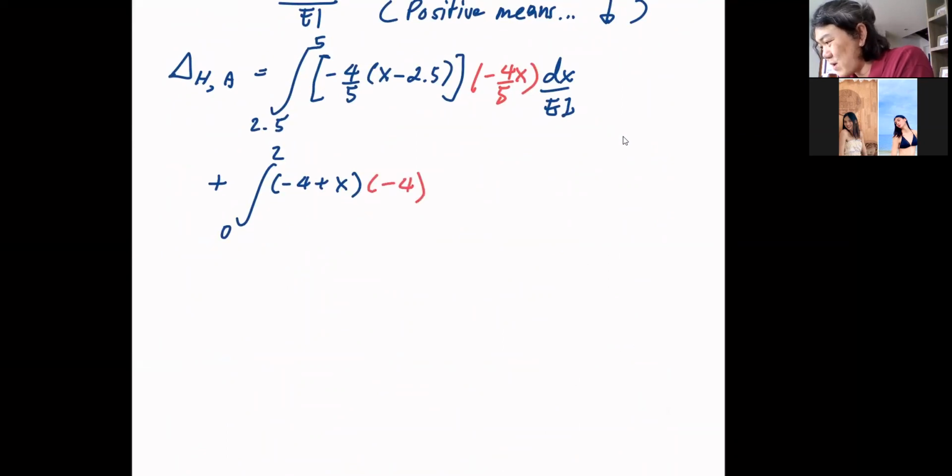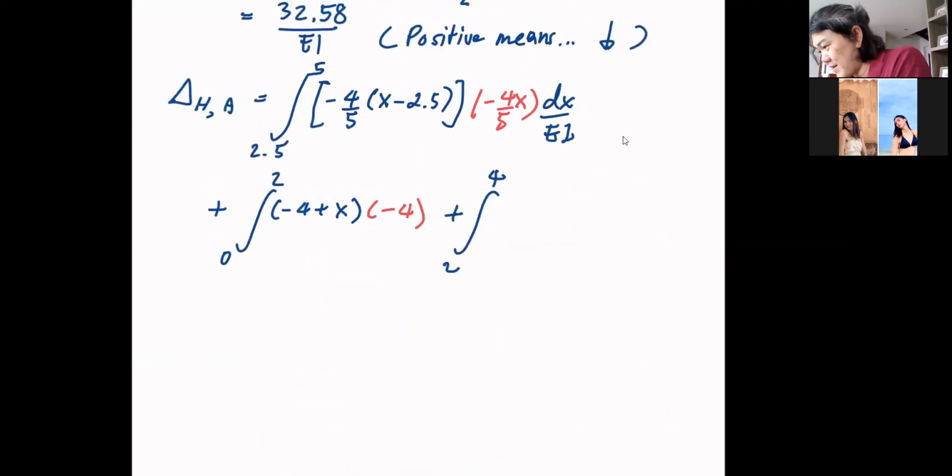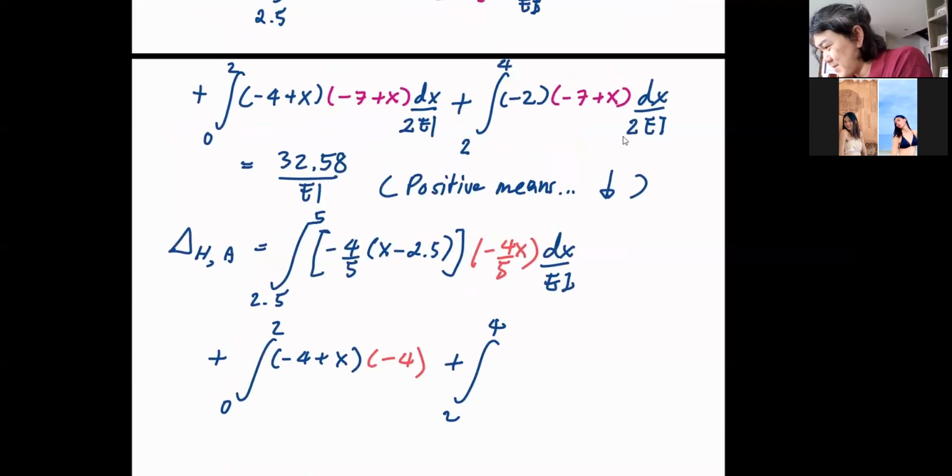And then the last one, from 2 to 4, and we now have the same, right? Constant moment, and then this is also a constant moment. dx over 2EI.